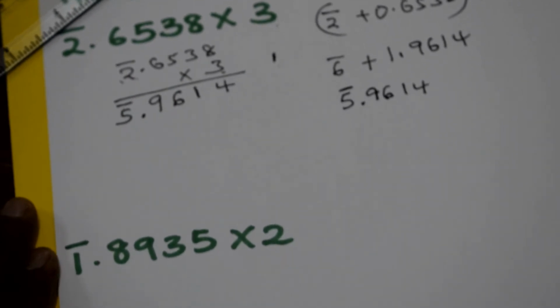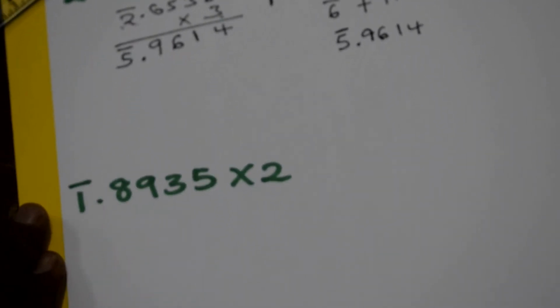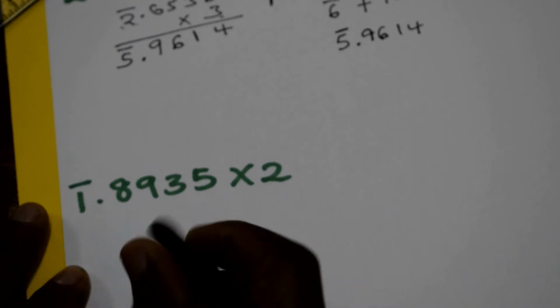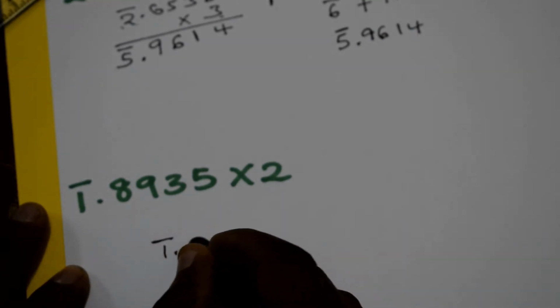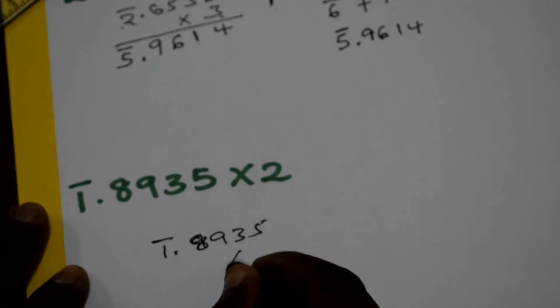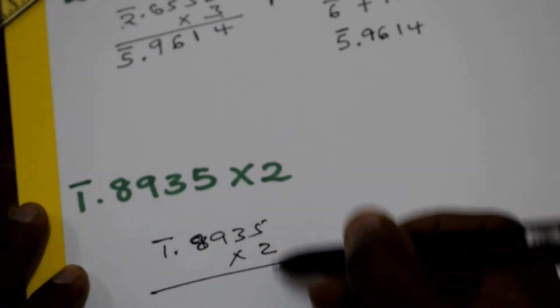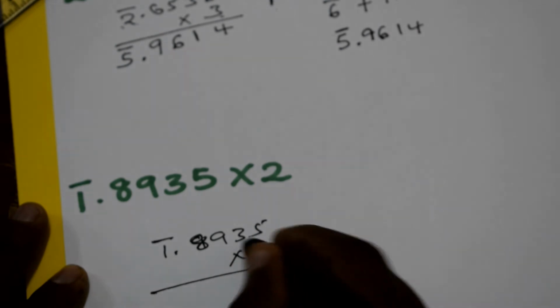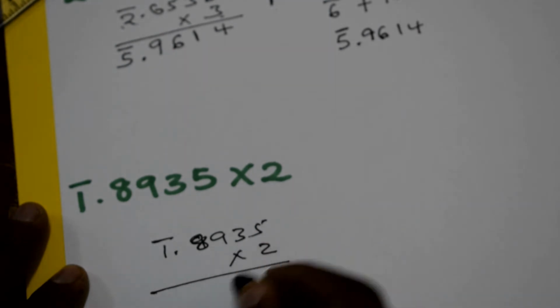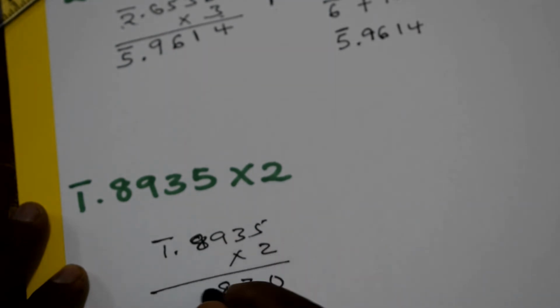The next one is bar 1.8935 times 2. Bar 1.8935 times 2. So this will give us 10, carry 1, have 7, 18, we have 17 bar 1, and we have bar 1 point.